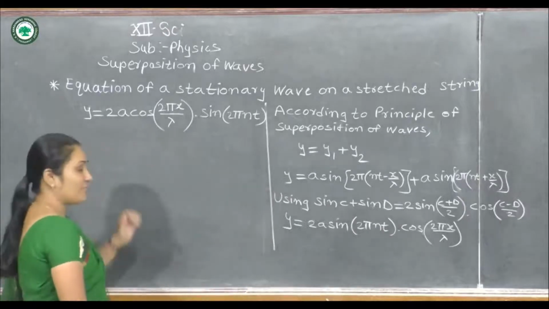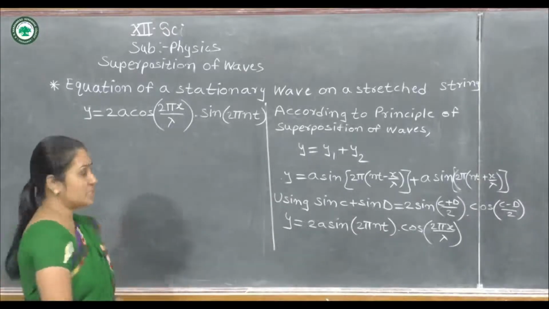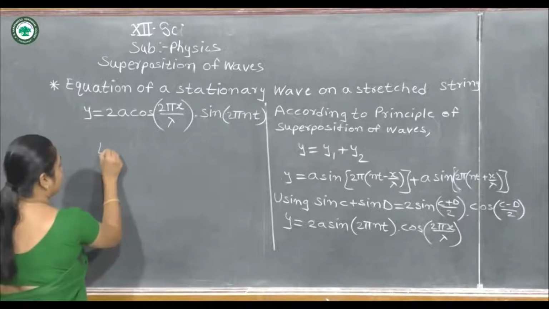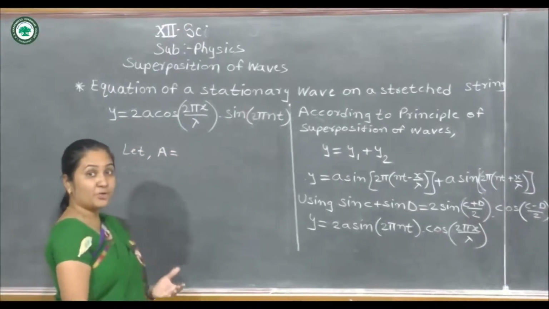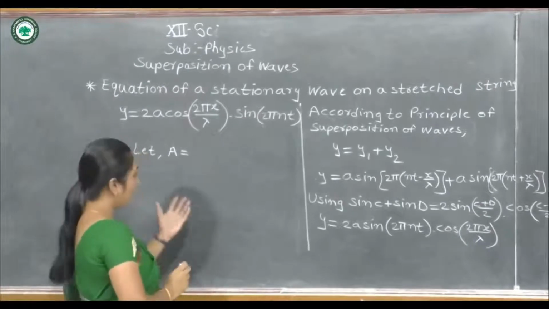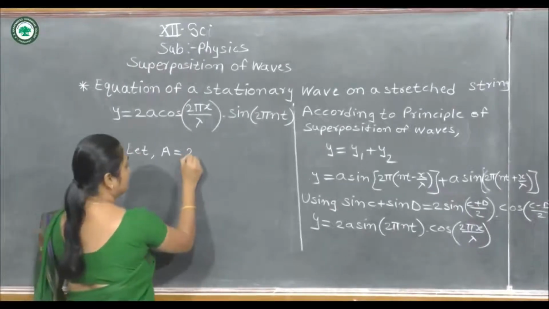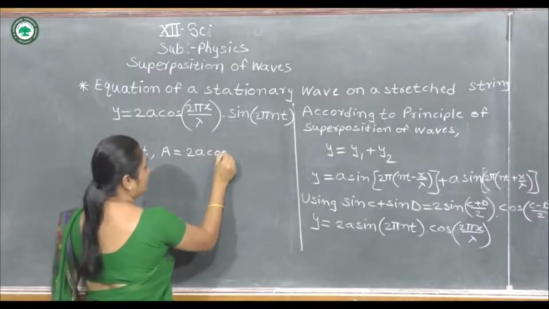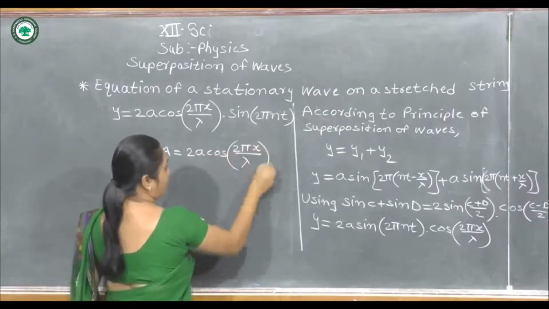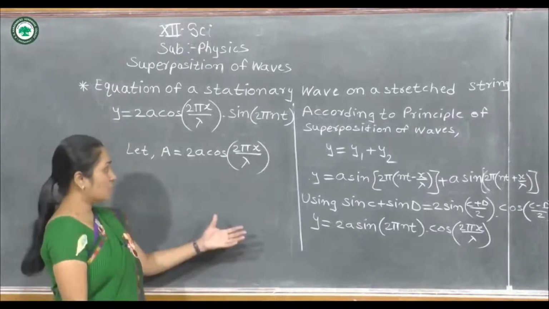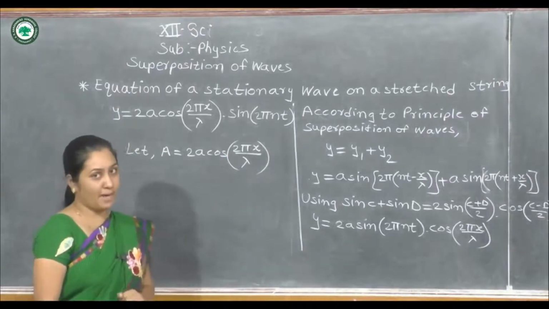Now in this equation, again for simplification, let capital A, that is the resultant amplitude of a wave, be equal to 2a cos 2 pi x upon lambda.